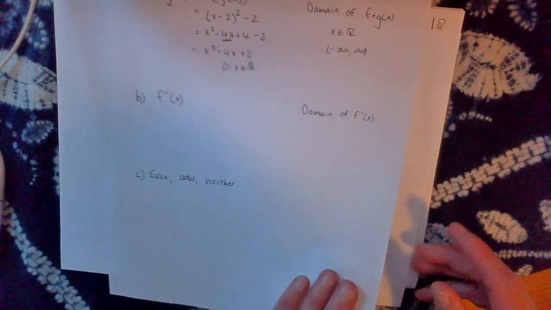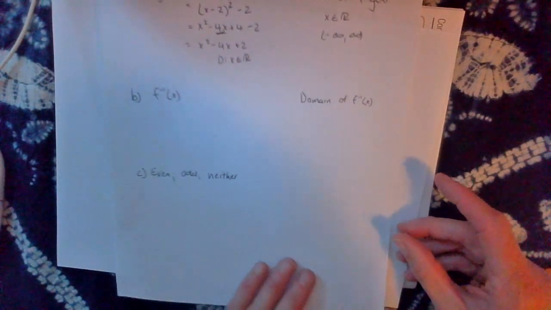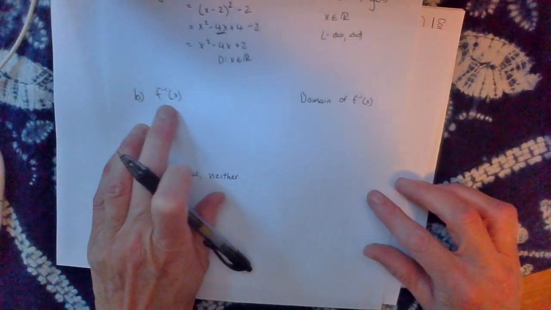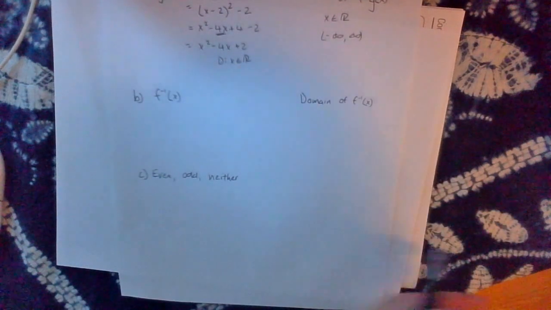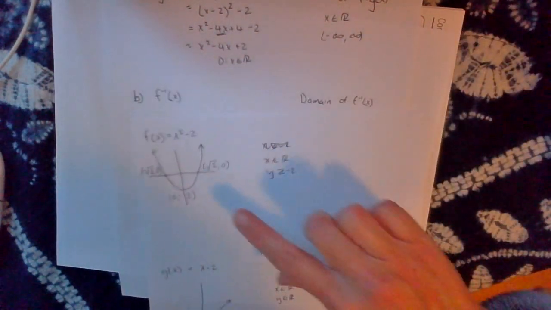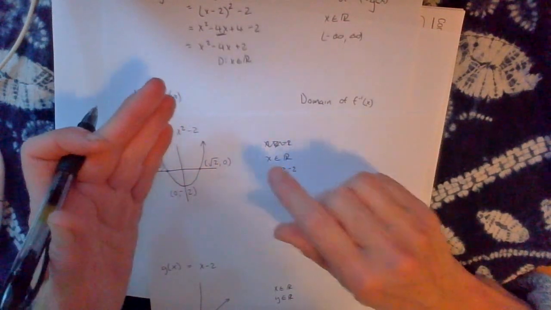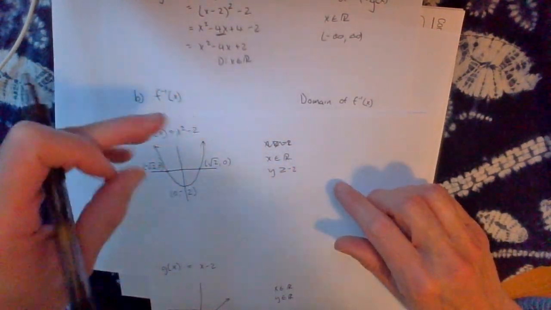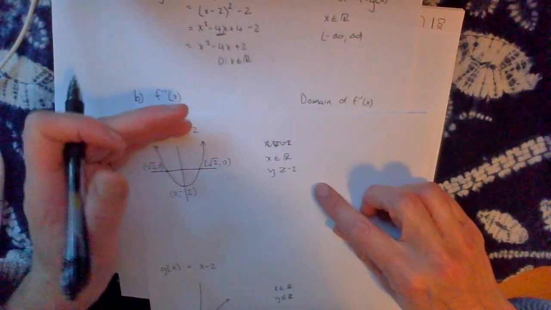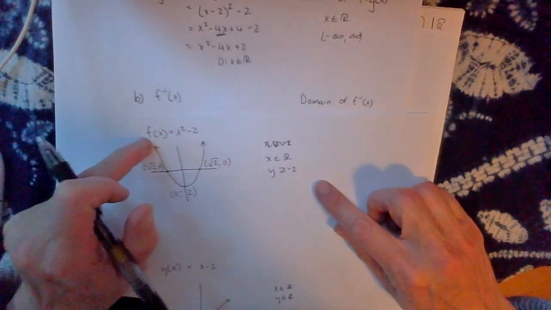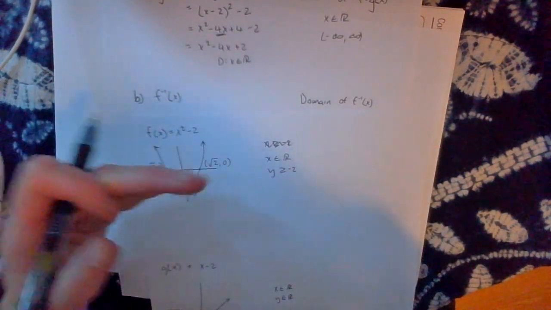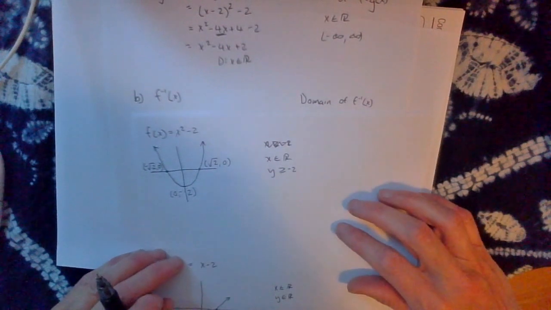All right, second piece, the inverse function, f inverse of x. When we look at the graph, the inverse is going to be the reflection of this graph in the line y equals x. But this parabola is not a one-to-one function because it fails the horizontal line test.